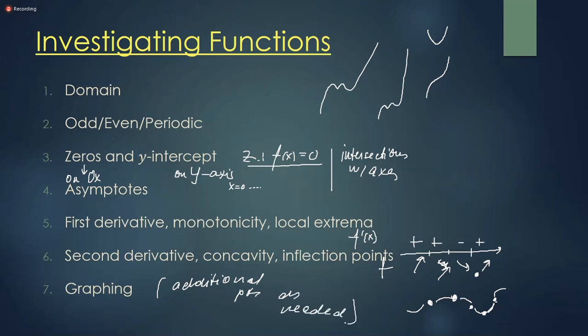Additional points as needed in the graph. If you don't need any additional points, fine. If you do, then you can plot some extra points to make this graph more precise, more accurate, that's all.